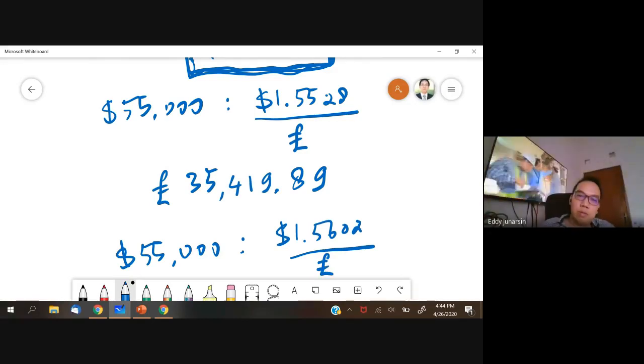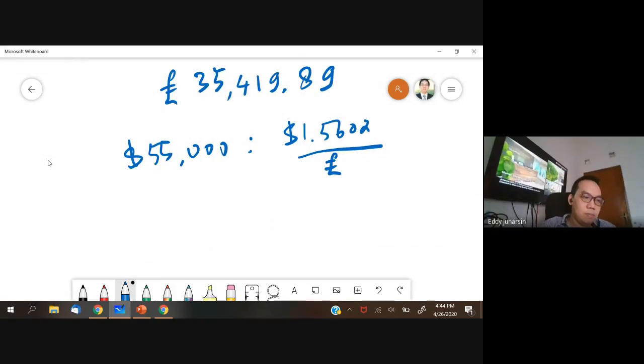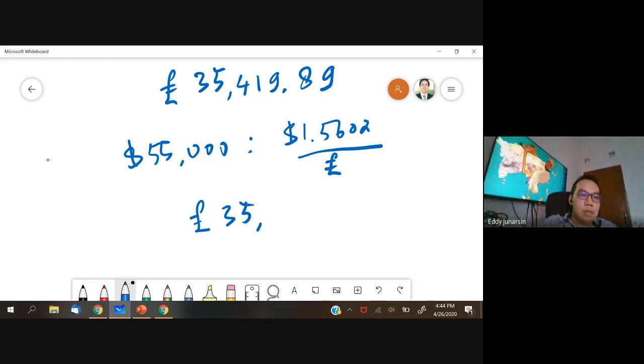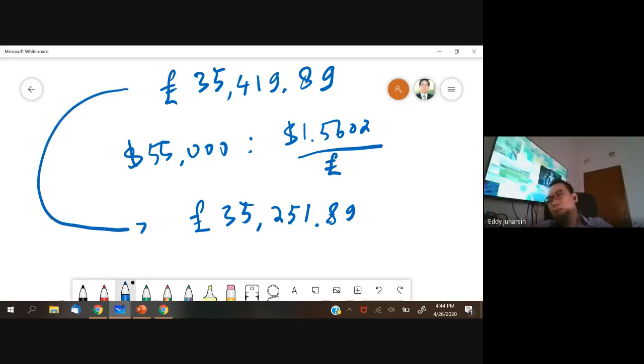So let's calculate here. Now you get 35,251.89. Wow, this is quite good news for the British people.